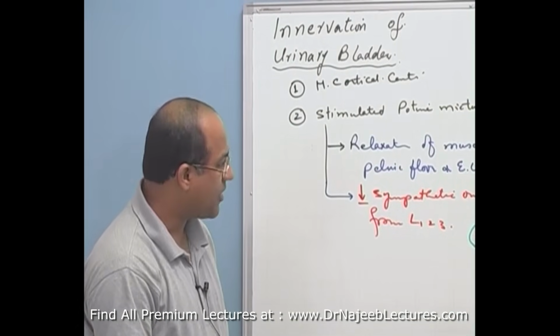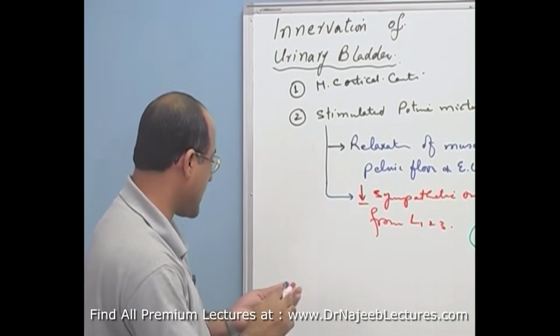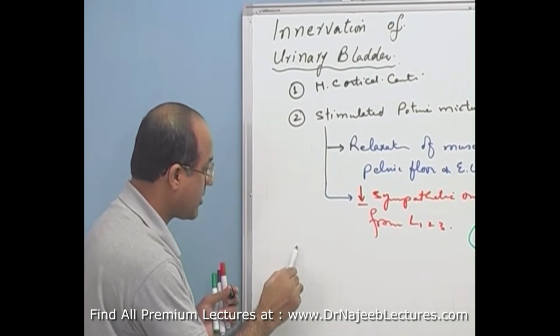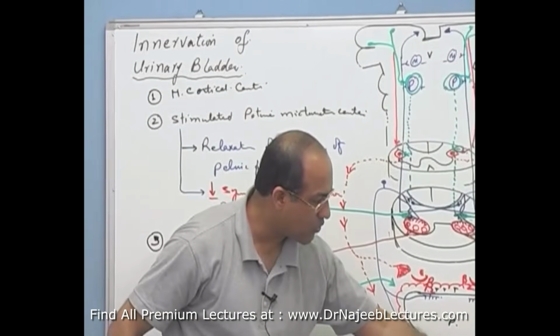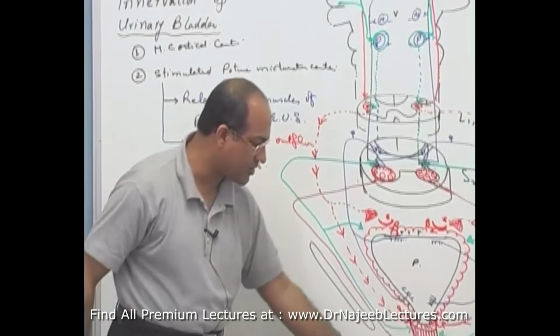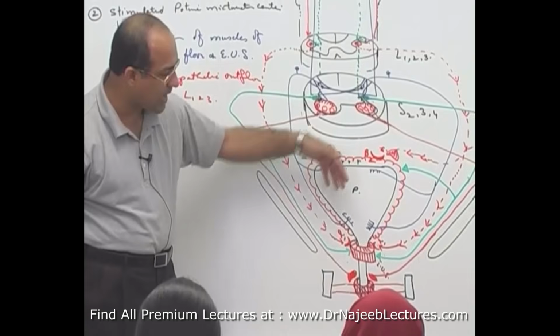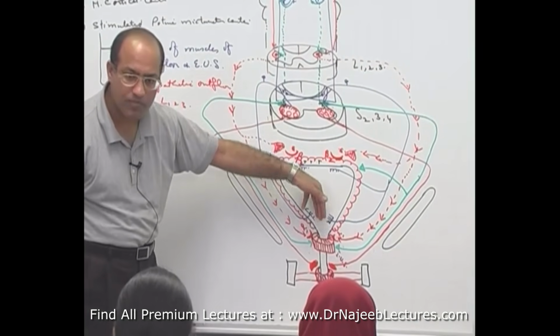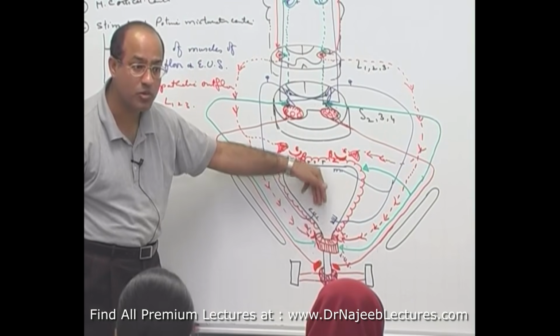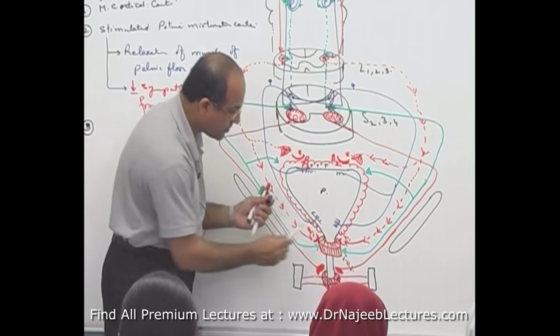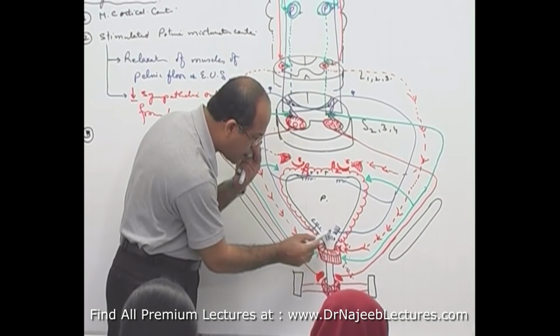Now, after that, what really happens? As soon as the pelvic floor muscles relax and the external sphincter relaxes, some urine will trickle into the most proximal part of the urethra, into this part of the trigone and urethra.